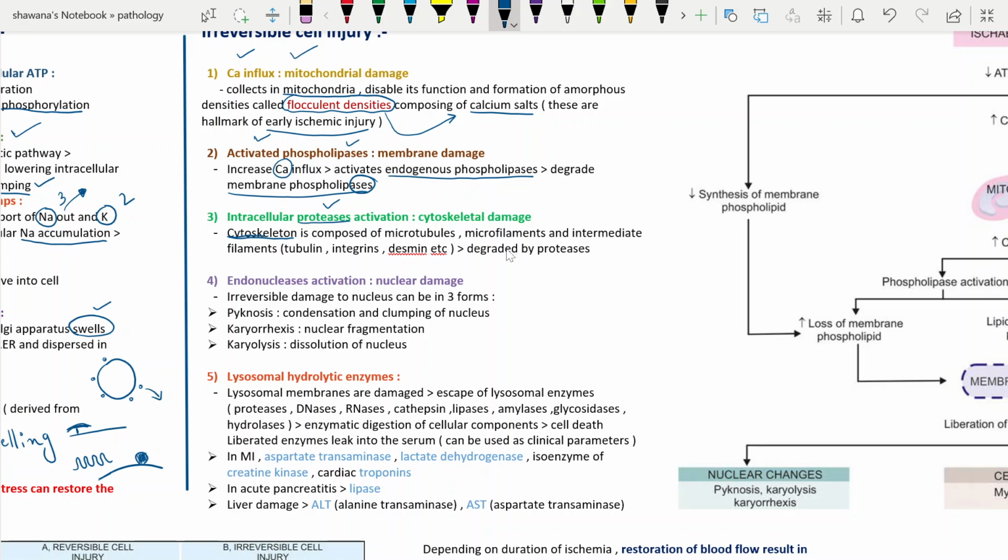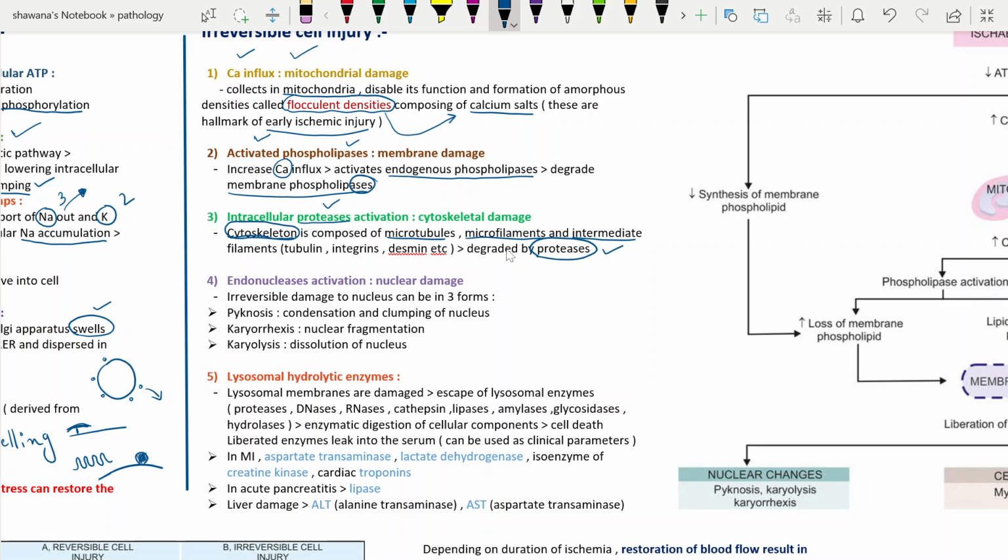The cytoskeleton is the skeleton of the cell, like the human skeleton. It provides the force for the cell to stand, and it is composed of microtubules, microfilaments, and intermediate filaments, and they contain proteins like tubulins, integrins, and desmin. These are degraded by proteases because they have been activated by calcium.